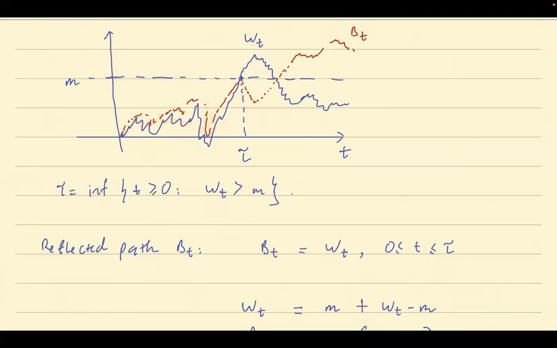If someone presents you with a picture of WT, you'd say, yeah, that looks like a typical Brownian motion path. Now imagine, on the other hand, someone presents you with a picture of BT, without showing you WT, of course. WT is hidden.